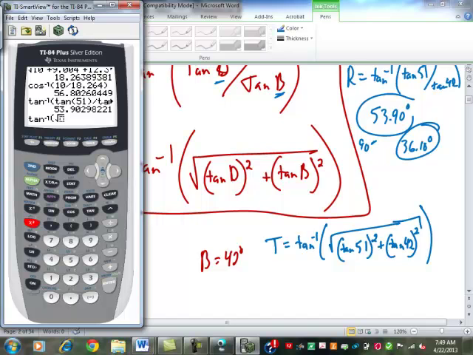Now I've got to do tangent of 51, close the parentheses, and then hit x squared, plus tangent of 42, close the parentheses, and then hit x squared.